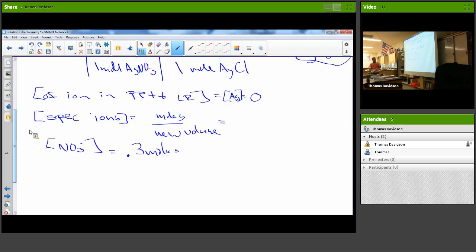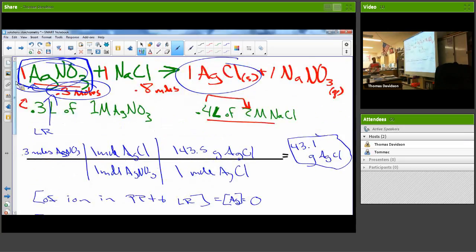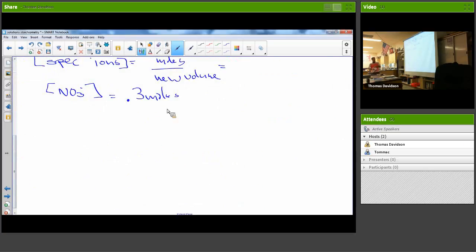And then we have to find the new total volume, which is 0.3 plus 0.4, so our new total volume is then 0.7 liters. So that's equal to my NO3.